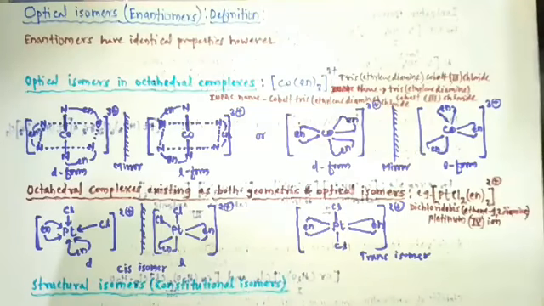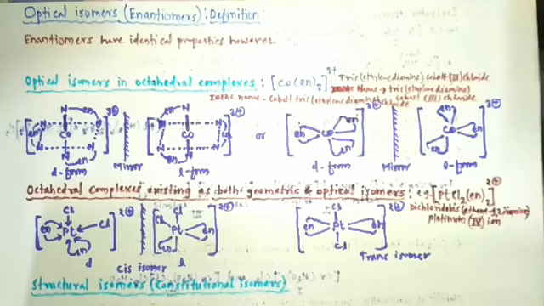In the last video, we started to learn about stereoisomers. The two kinds of stereoisomers in coordination compounds are geometric isomers and optical isomers, or enantiomers. Out of these two kinds, we finished the study of geometric isomers.